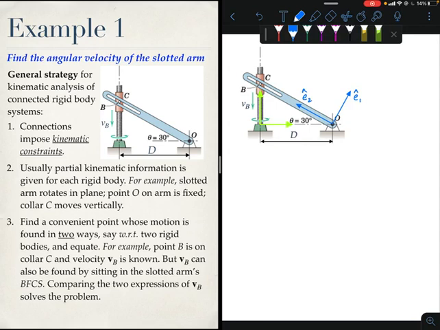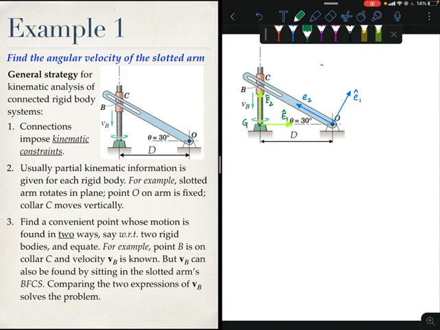Similarly, I also have the coordinate system which is fixed to the ground, which is the green coordinate system, which is described by the unit vectors capital E1 and capital E2. Okay, and let me also give this point a name. Let me call this G. Okay, so now what shall we do?